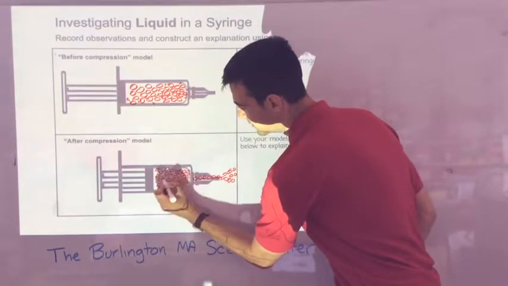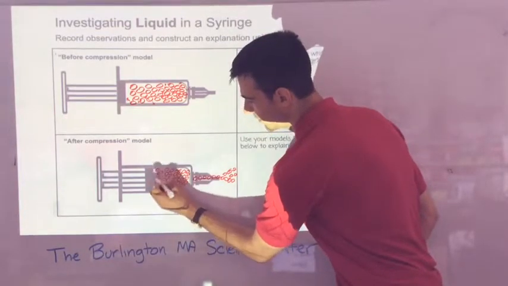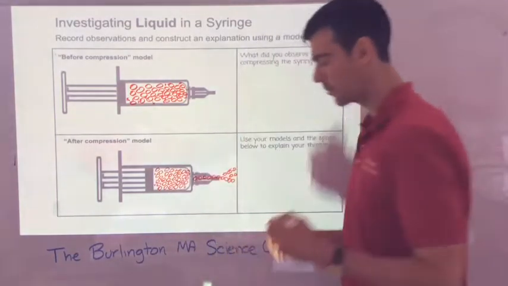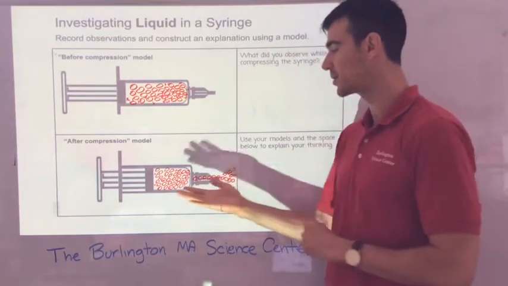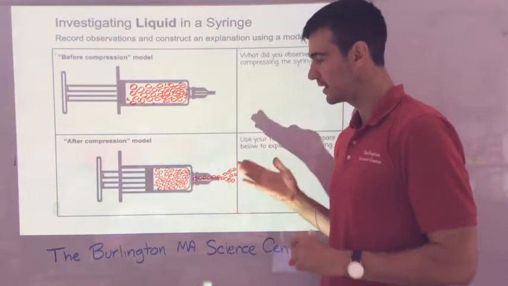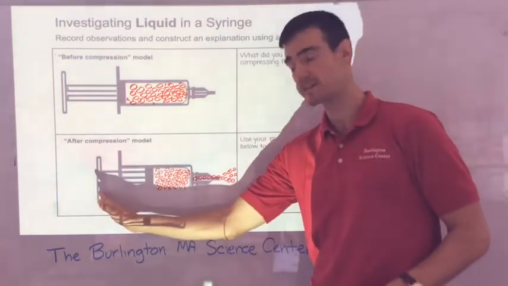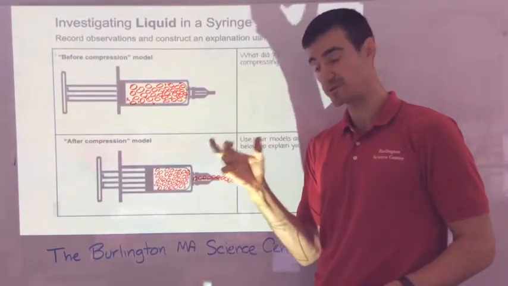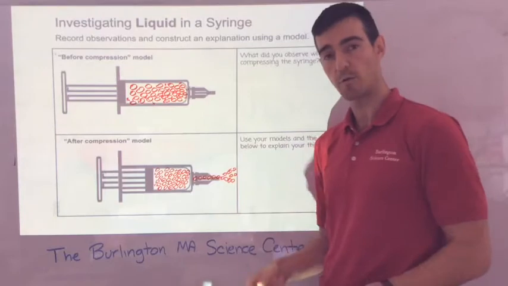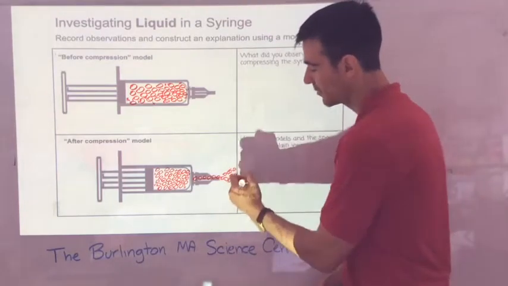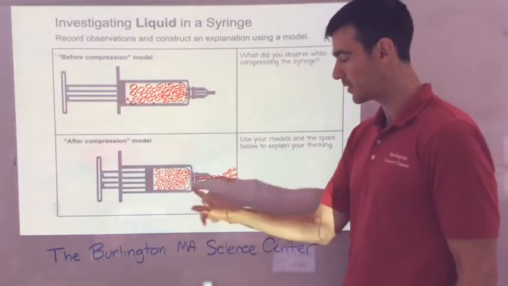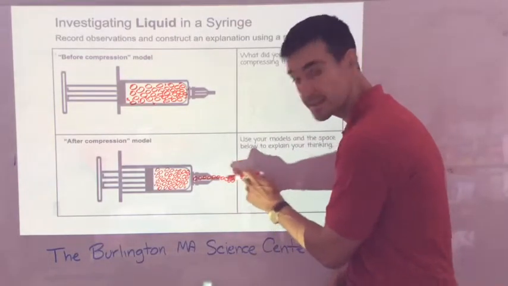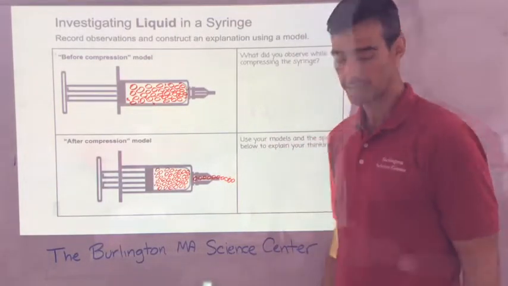They will want to demonstrate this again, either with some arrows or some sort of way to show that those particles are in fact moving. And because this model has shown the syringe is compressed, they'll want to model that spray or stream, whatever it is that they saw.